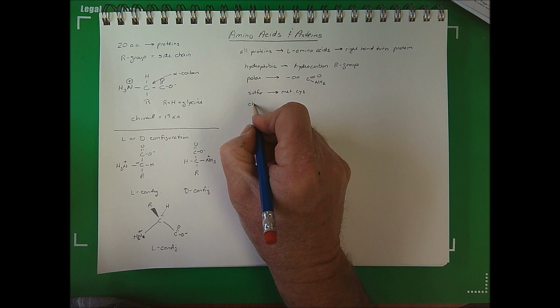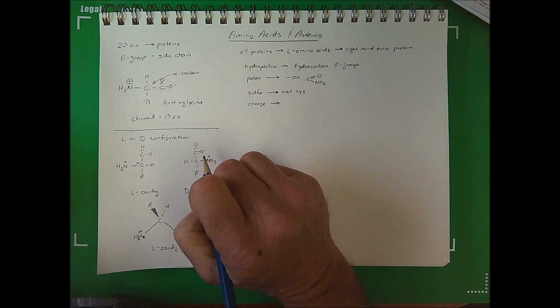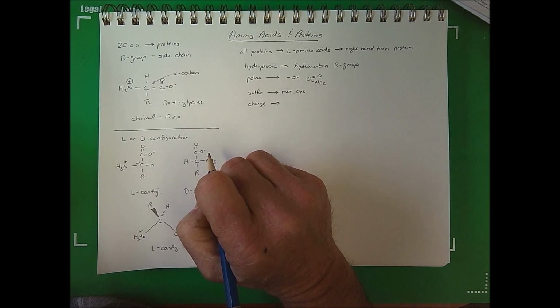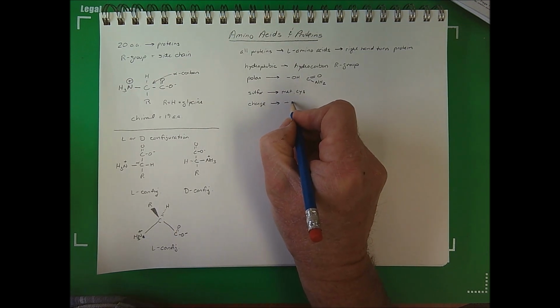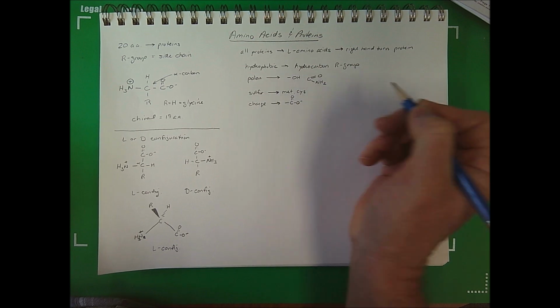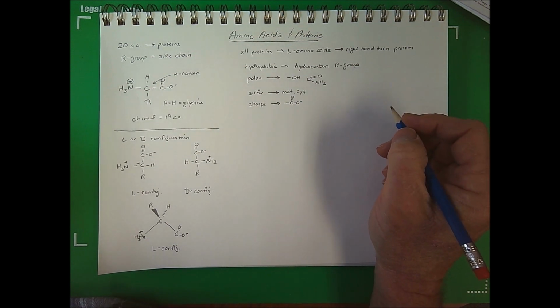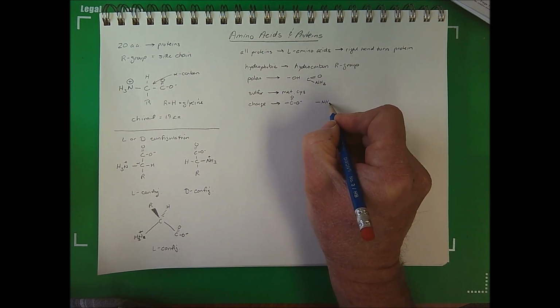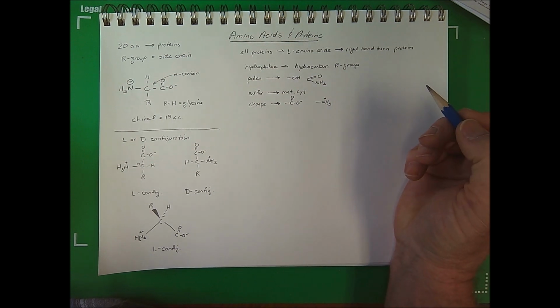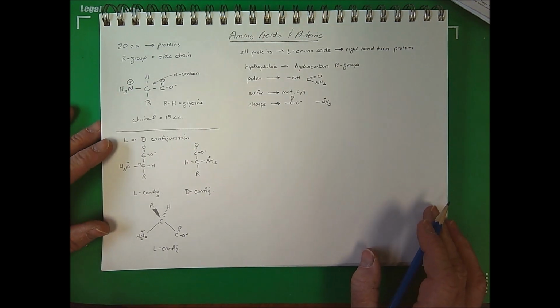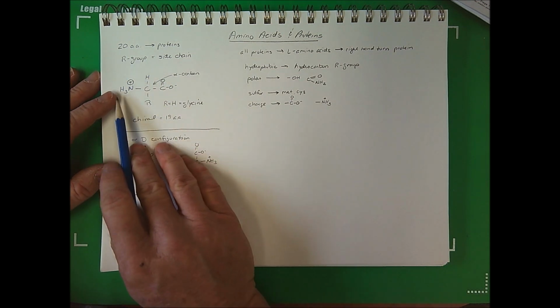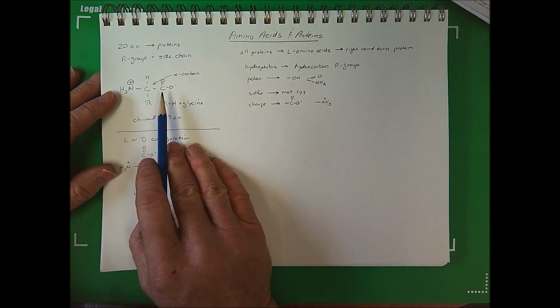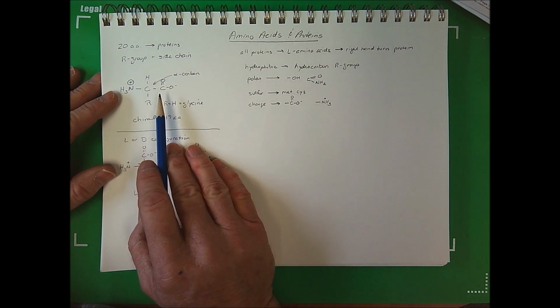And we also have charged amino acids. These charged amino acids can either have carboxyl groups at the end of the R chain, or they can be basic, having an amine at the end of the R chain. Now, what's important to keep in mind also with amino acids is, if we look at the structure here of the original backbone of the amino acid, that we have the potential for charge on an amino acid.